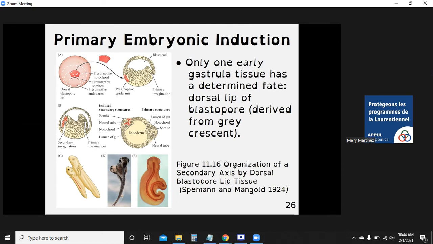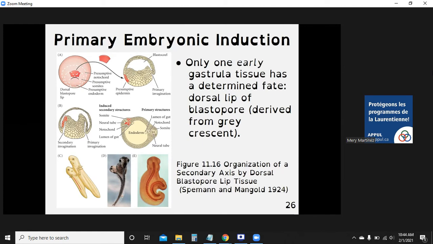So in 1924, later on, Spemann and another person, Hilde Mangold, showed that of all these tissues in the early gastrula, only one has its fate autonomously determined. Anything else can vary, but only one tissue has its fate predetermined.